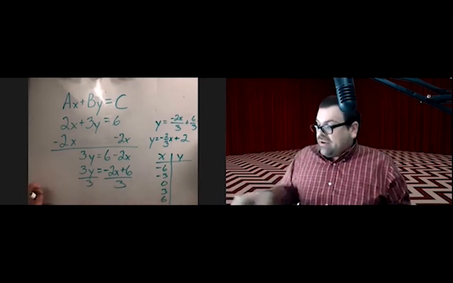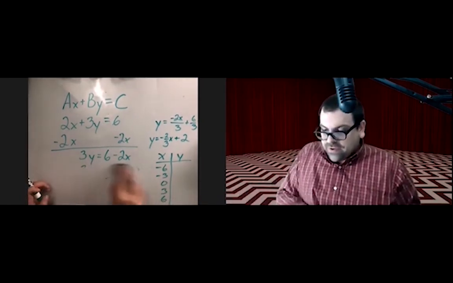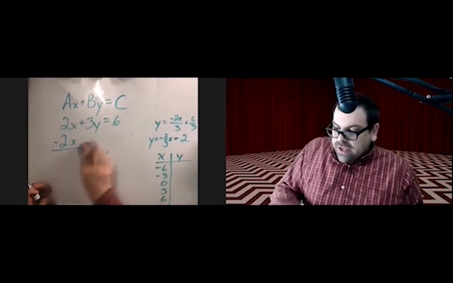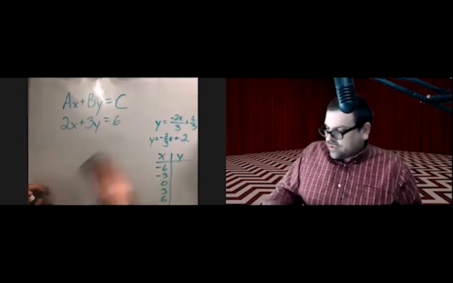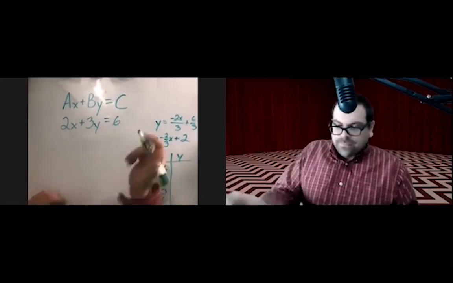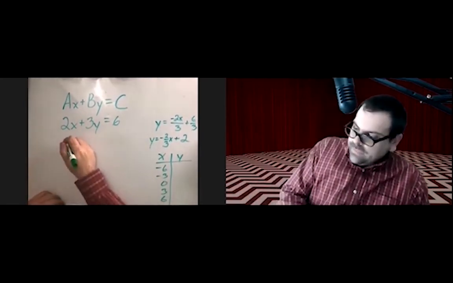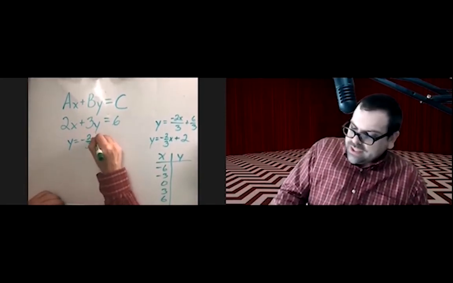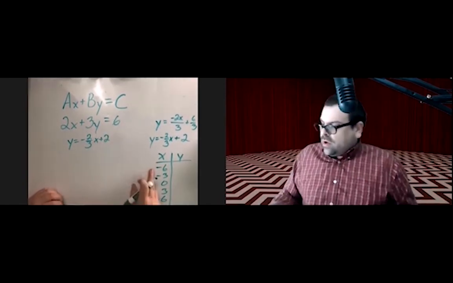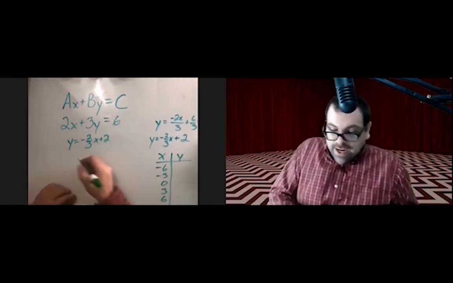How do we find y values when we have x values? We plug them in, like the old Glade commercial. So we have y equals negative 2/3 x plus 2. What about when x is -6?